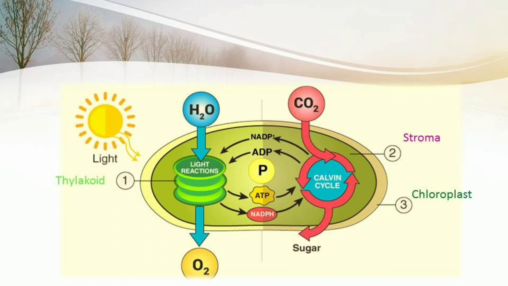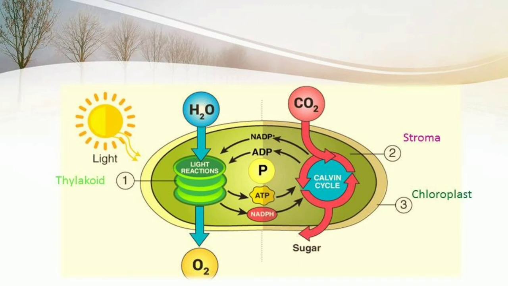In green plants, water is the hydrogen donor and is oxidized to O2. Some organisms do not release oxygen during photosynthesis. If we see some purple and green sulfur bacteria, when H2S is the hydrogen donor, the oxidation product is sulfur or sulfate depending on the organism, and not oxygen.